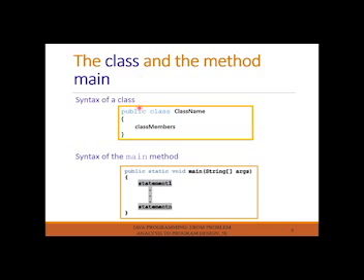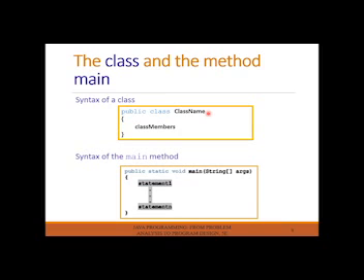The class and the method main. Here are the syntax of a class and the syntax of the main method. For the syntax of a class, we write the word public space class space and then the class name. Take note, public and class should be written in lowercase letters.